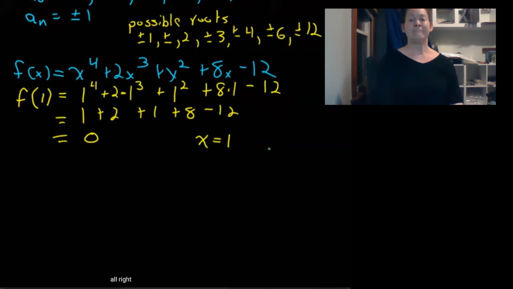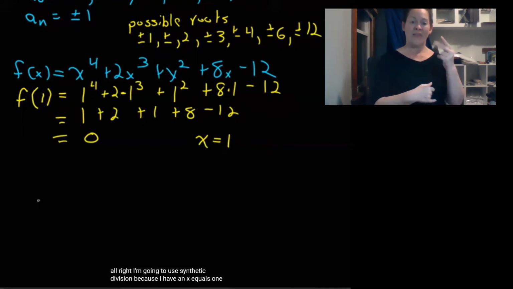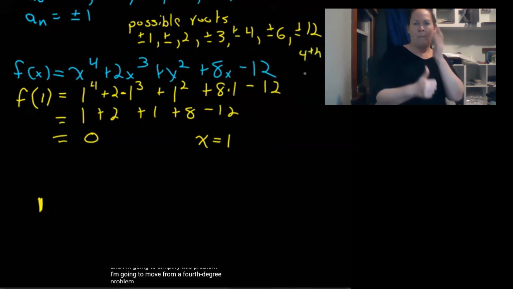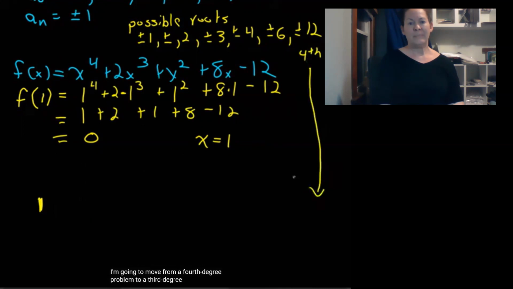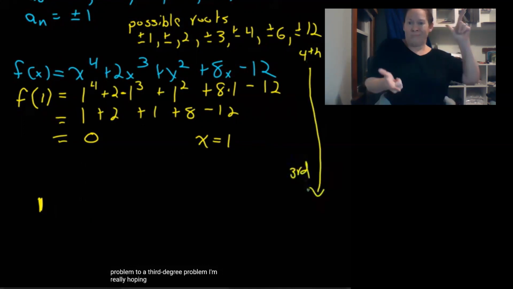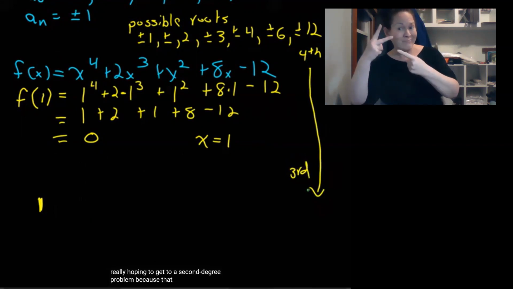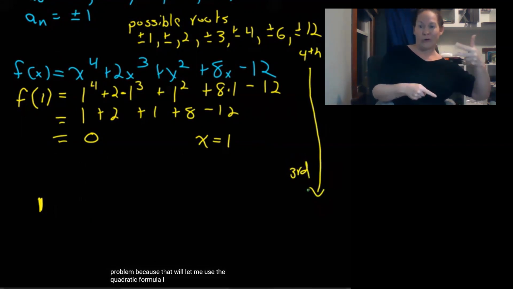All right. I'm going to use synthetic division because I have an x equals 1. And I'm going to simplify this problem. I'm going to move from a 4th degree problem to a 3rd degree problem. I'm really hoping to get to a 2nd degree problem because that will let me use the quadratic formula.